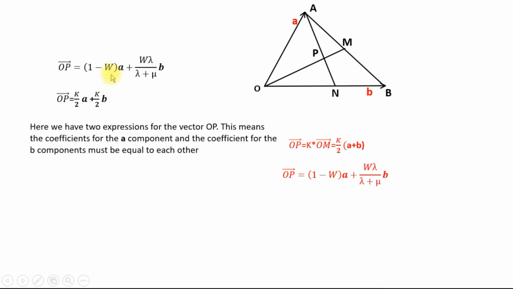Now, whenever we have a vector expressed as a linear combination of two non-parallel vectors, A and B, any linear combination of these two vectors which describes a particular vector, in this case OP, they must both be equivalent. This means that the components of A in these two expressions must be the same, and the components of B in these two expressions must be equal to each other.